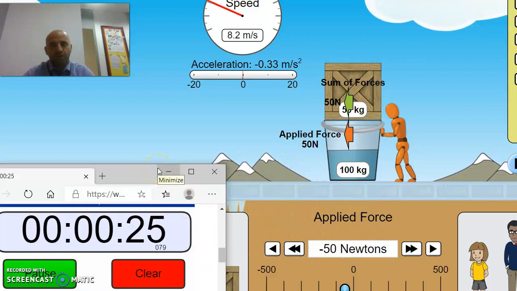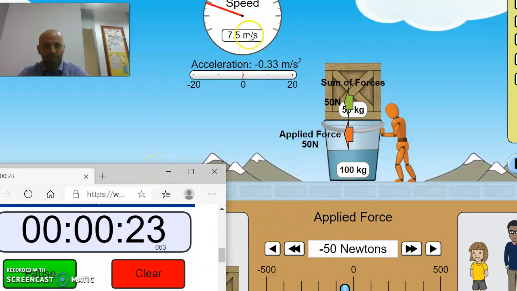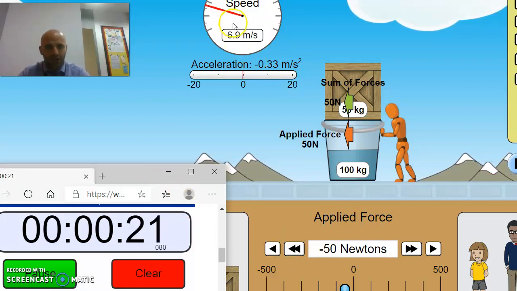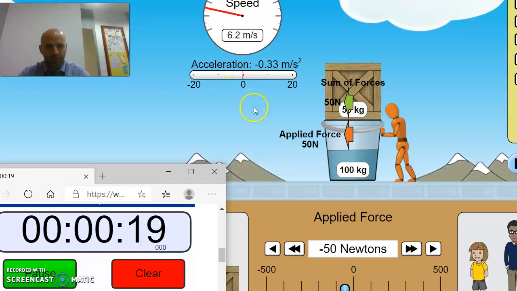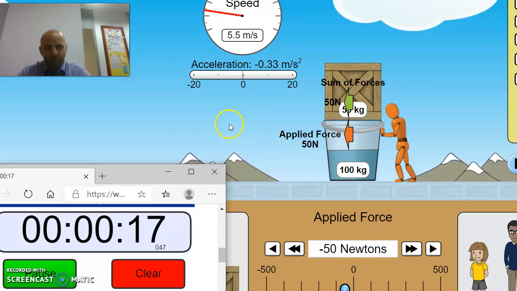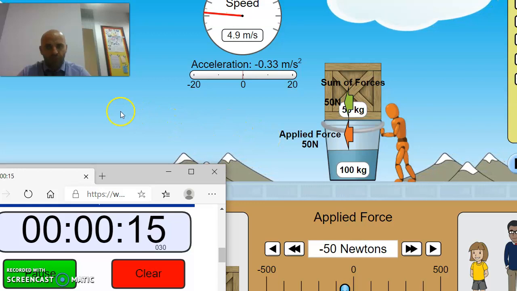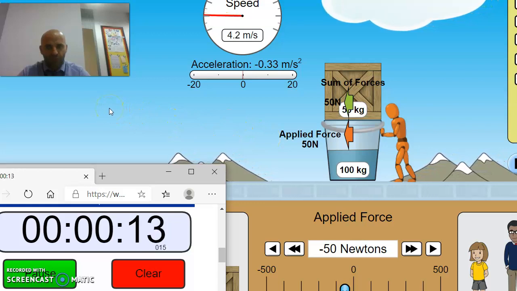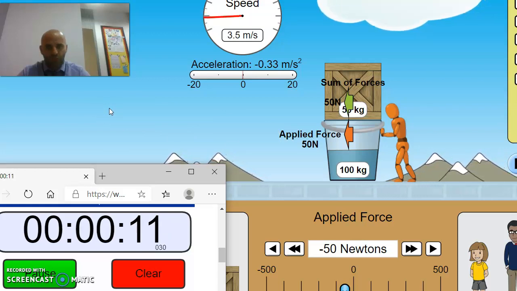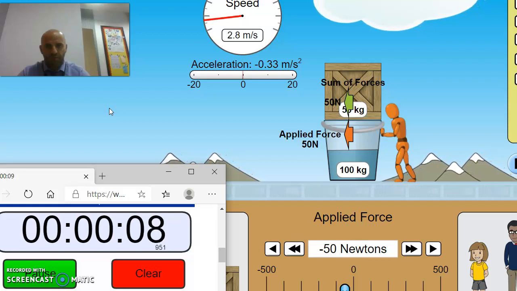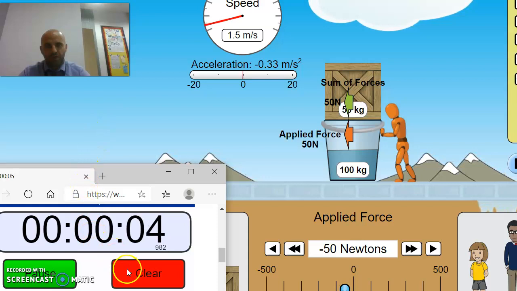So velocity is dropping. Hopefully you can see that the speed is dropping. It's looking good so far.